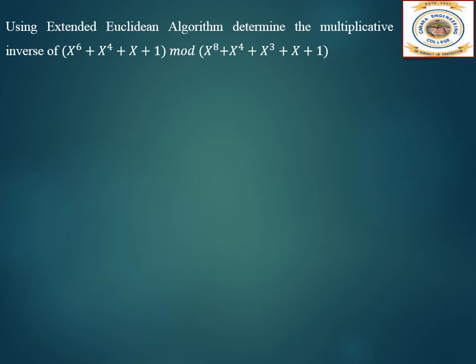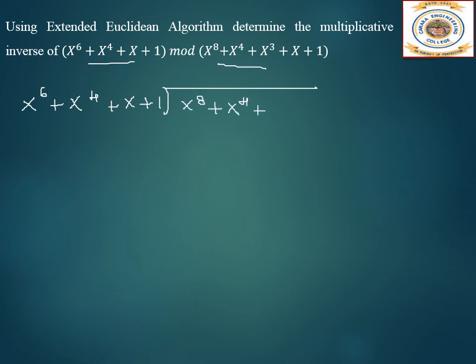So first what we have to do is the normal GCD finding procedure that we have done. Let us start with the division. Here we have to divide x to the power 8 plus x to the power 4 plus x cube plus x plus 1 by x to the power 6 plus x to the power 4 plus x plus 1.